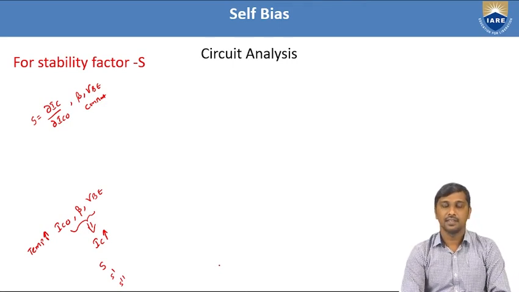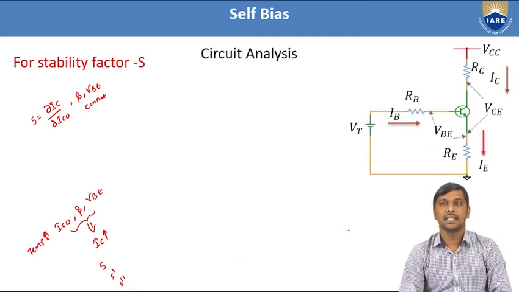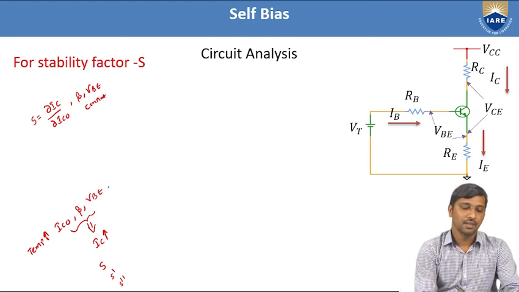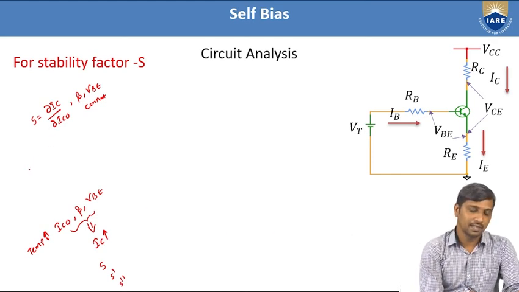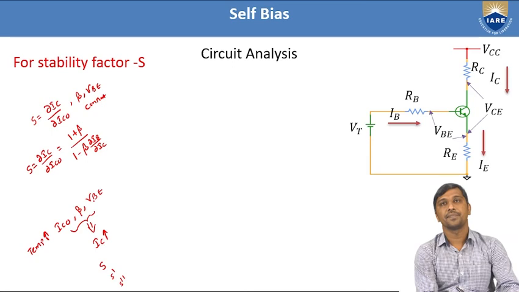For this case, I am going to consider the self bias, again with the Thevenin's equivalent circuit. And this is the definition for the stability factor, and from the common emitter configuration we can also identify the stability factor as S equal to 1 plus beta by 1 minus beta times dou IB by dou IC.